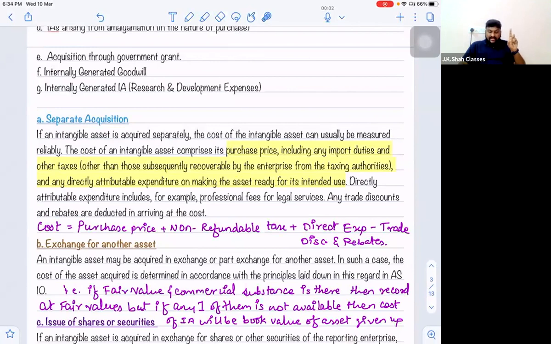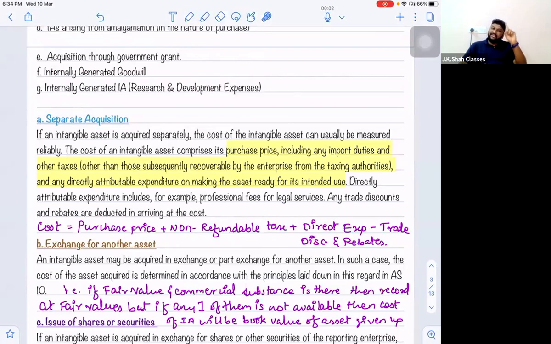The cost of an intangible asset comprises the purchase price, including import duties and other purchase taxes, but in the bracket, other than those subsequently recovered by the enterprise from the taxing authorities. What is the meaning of this bracket? Refundable taxes should not be included, because other than those subsequently recoverable from the tax authorities means it is a refundable tax.